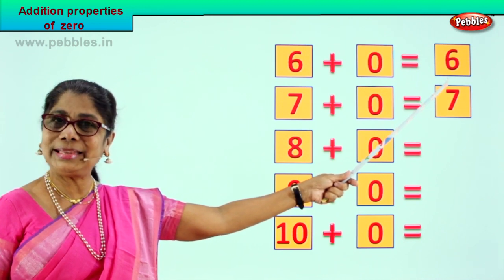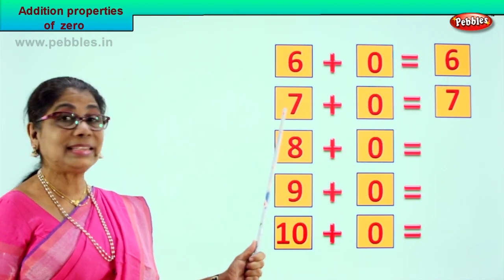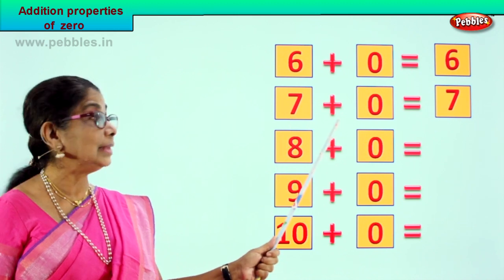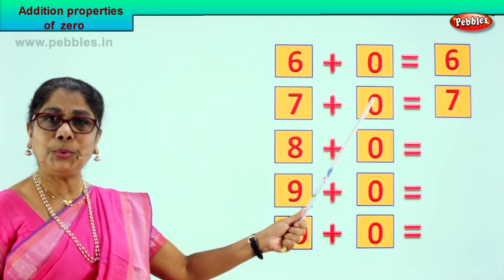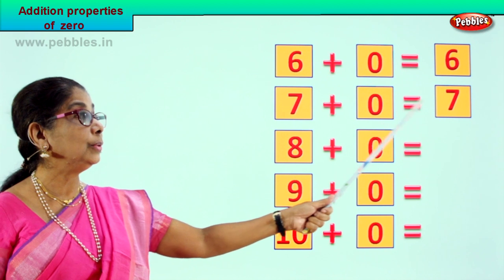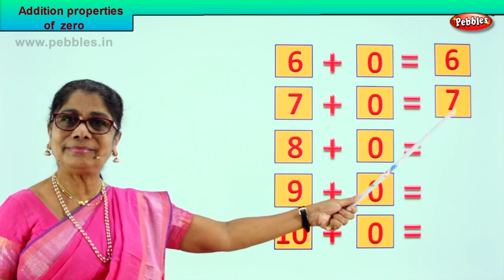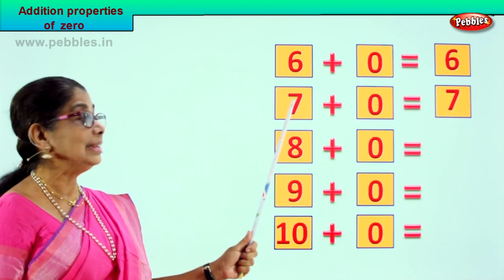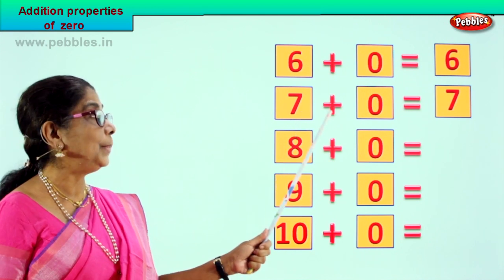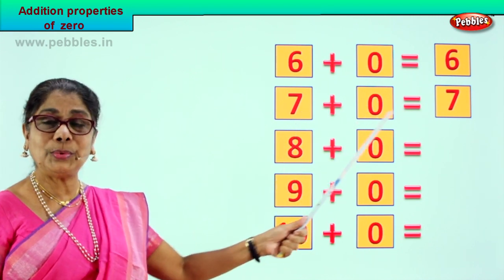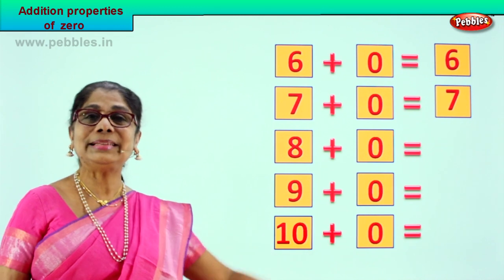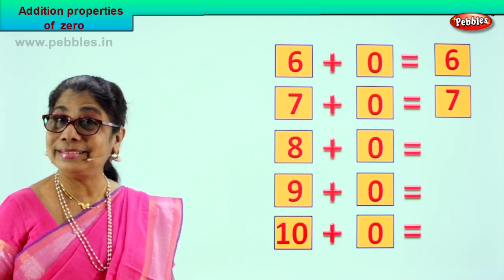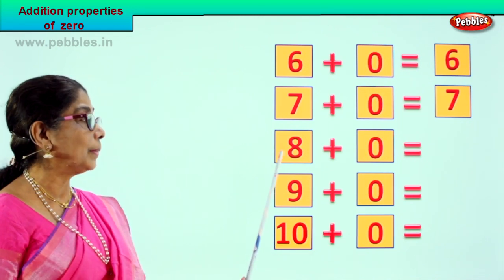Good. Let's take the next one. 7 plus 0 is equal to 7 itself.